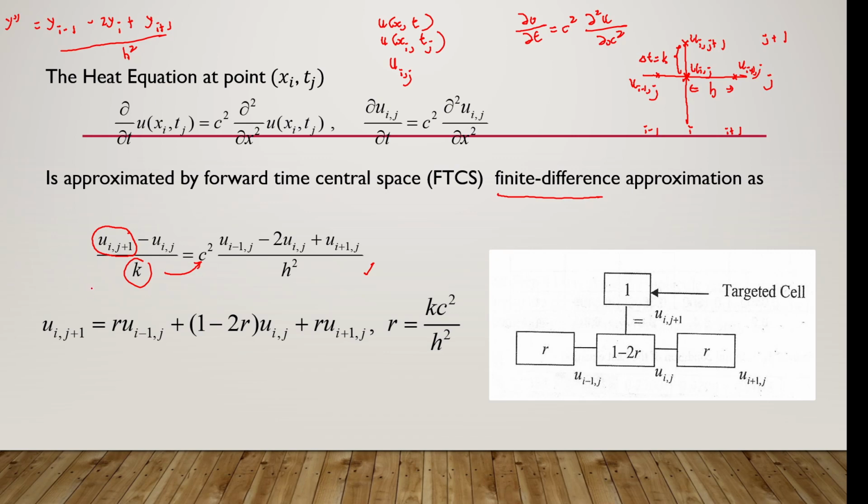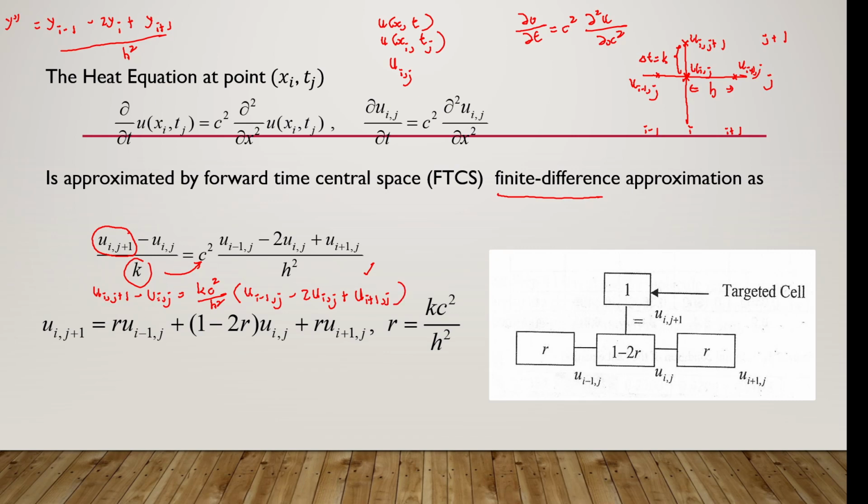So you will get u_i,j+1 minus u_ij equal to k c squared over h squared, multiplied by the right hand side, which is u_i-1,j minus 2u_ij plus u_i+1,j. Later on we are going to solve for u_i,j+1.